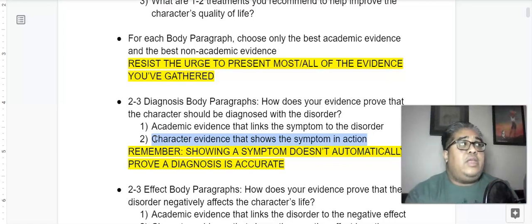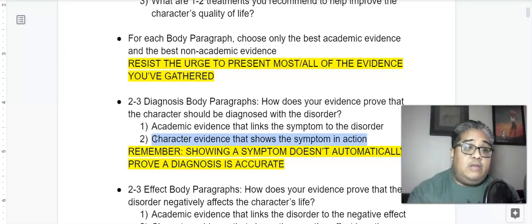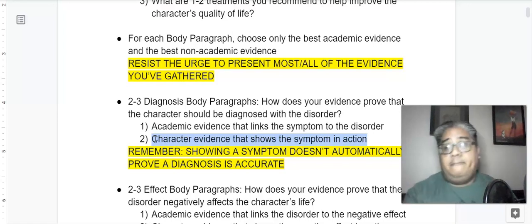So what is it about the character's lack of sleep that really connects strongly to depression, right? That is what you would have to make sure you spend a lot of time writing about in that diagnosis body paragraph, where you're trying to prove that the character's insomnia means that they should be diagnosed with depression. Okay.